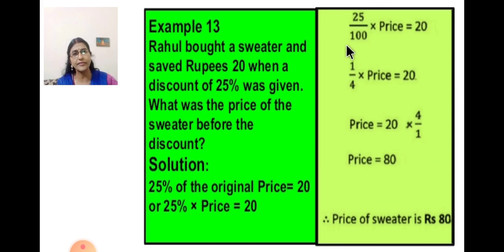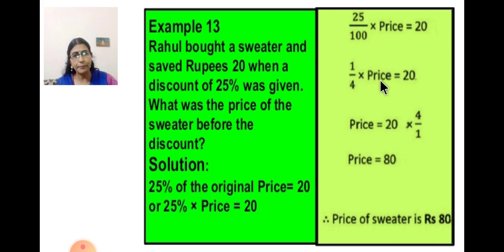As you know, 5 5s are 25, and 5 20s are 100. Then you can reduce it more: 5 1s are 5, and 5 4s are 20. So you will reduce it to the simplest form. You will get 1 upon 4 into price is equal to 20.